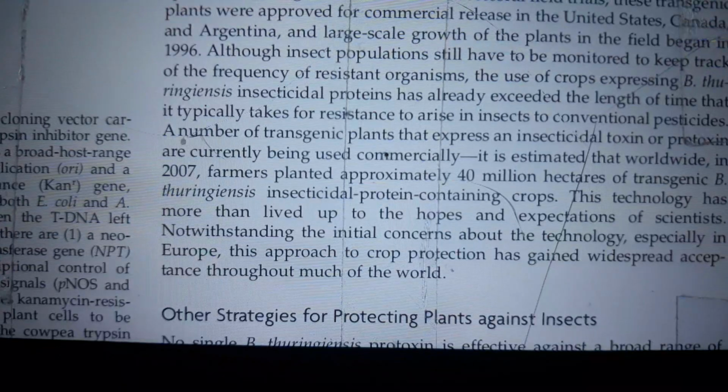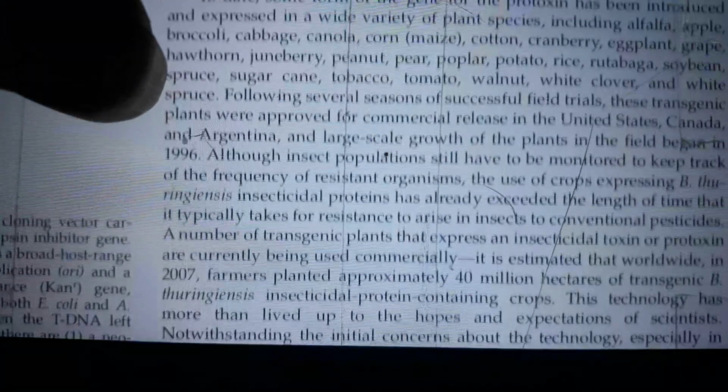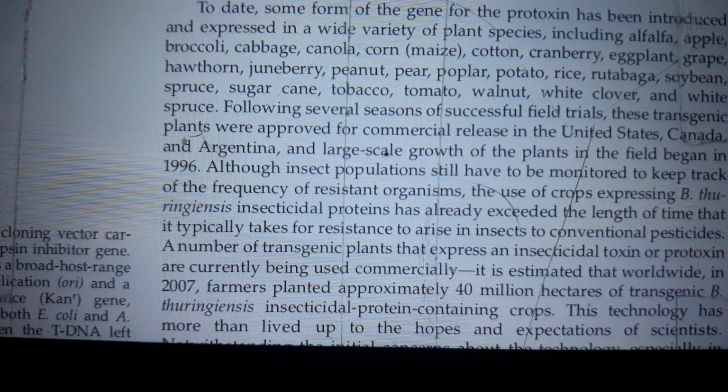To date, some form of the gene for the protoxin has been introduced and expressed in a wide variety of plant species, including alfalfa, apple, broccoli, cabbage, canola, corn, maize, cotton, cranberry, eggplant, grape, hawthorn, juneberry, peanut, pear, poplar, potato, rice, soybean, spruce, sugarcane, tobacco, walnut, white clover, and white spruce.